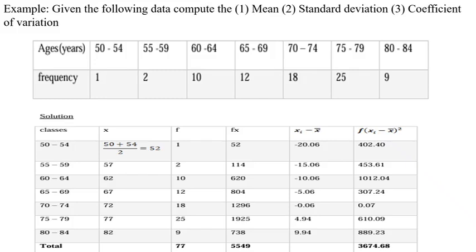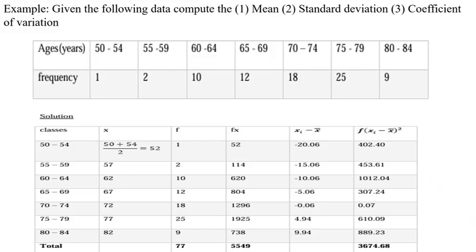That will give us minus 20.06, because our x bar is summation fx all over summation f. That is how we estimate our x bar.